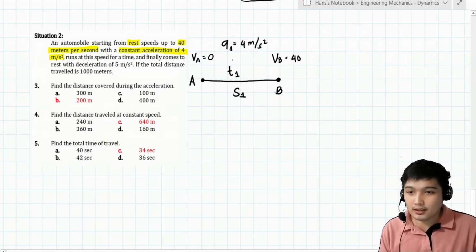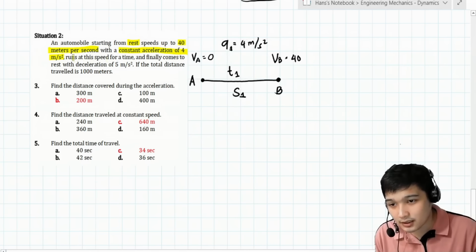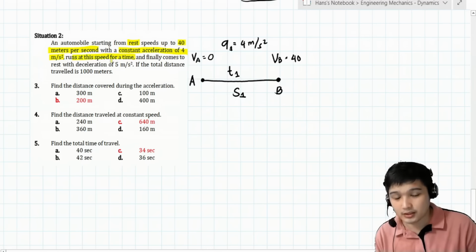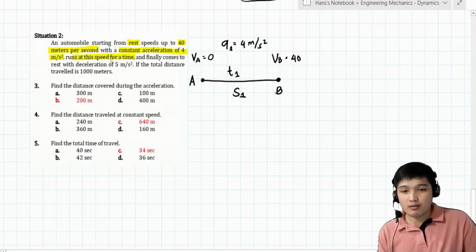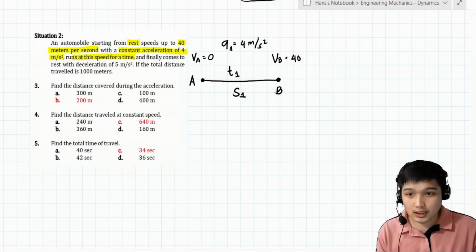So after that, what happened? He runs at this speed for a certain time t, with constant velocity. So there is no acceleration, or zero acceleration.